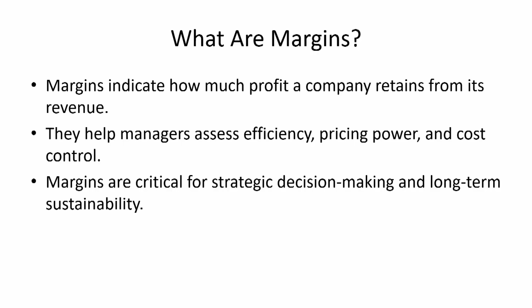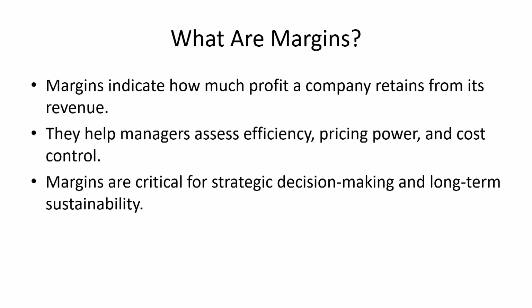Let us now move to understand what this margin is all about. Basically, margins represent the portion of revenue that remains after certain costs are deducted. These costs include the cost of goods sold, the operating cost, administrative cost, overheads, tax and interest.